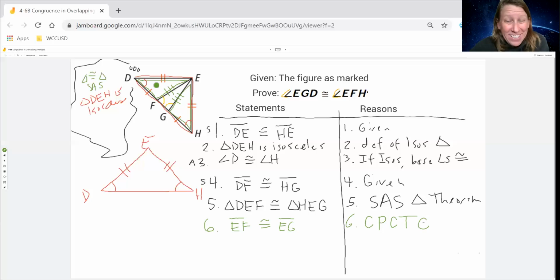Okay, anyone see it? Does anyone know why angle F and angle G have to be congruent? What kind of triangle is this one? If I draw it out here, what kind of triangle is that, you guys?